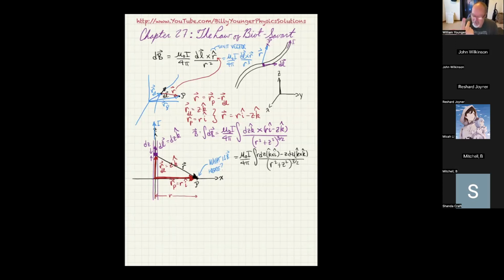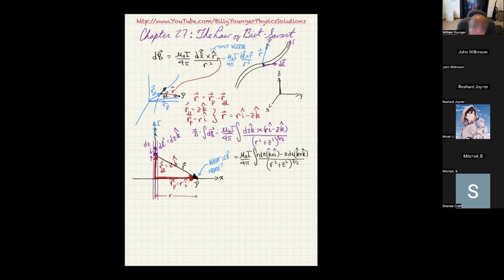I turn this around this way to show the i hat coming out of the board, and you see that actually points in the y hat direction. So k hat cross i hat is really the j hat direction, which by the way is into the board.